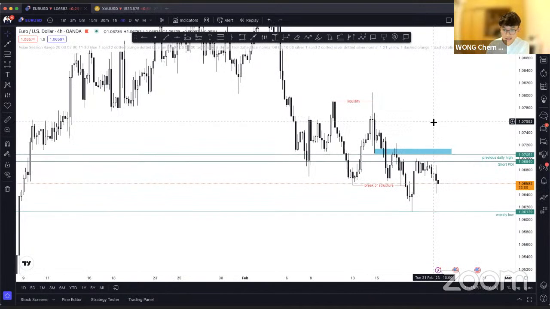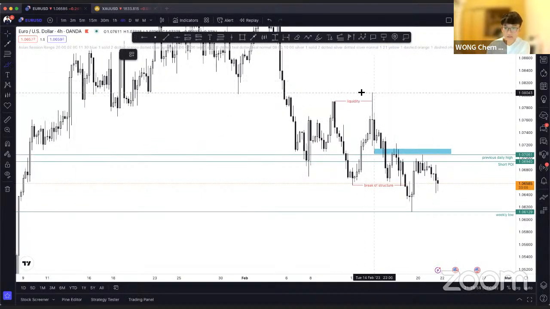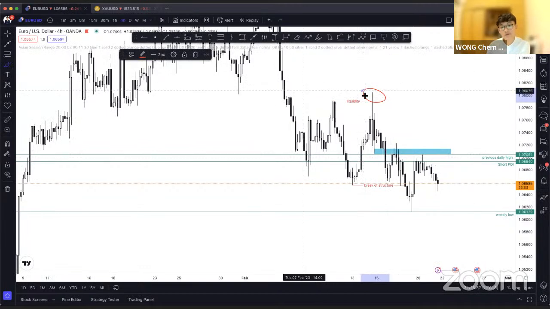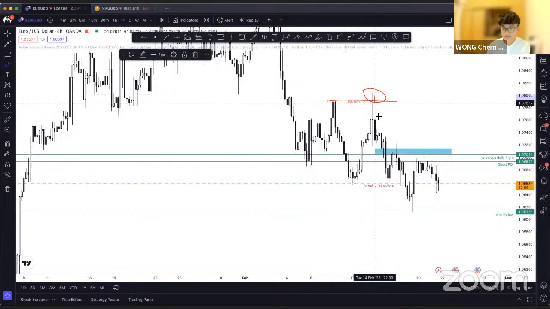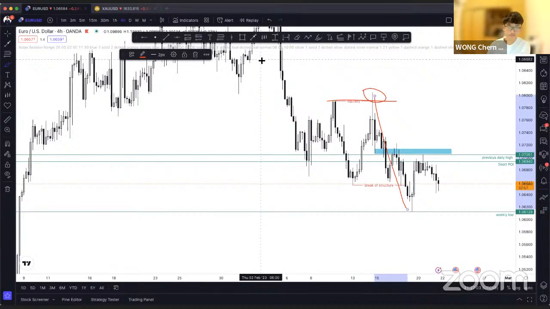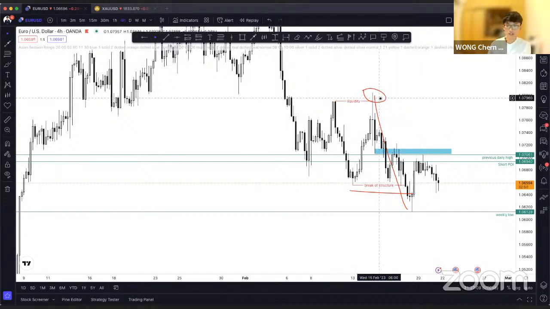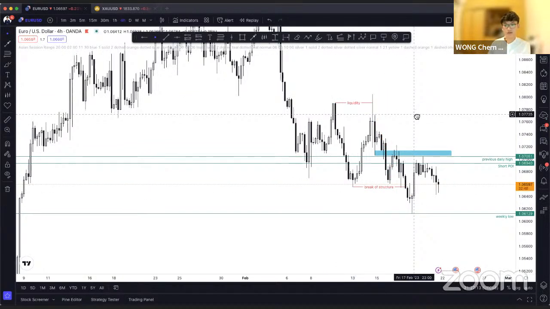We also see that price grabbed liquidity right above here. Price grabbed this high, grabbed the liquidity here, and then went all the way down. That actually caused a break of structure, one that I have already marked out. Let me just delete these cursors here to make things clearer.